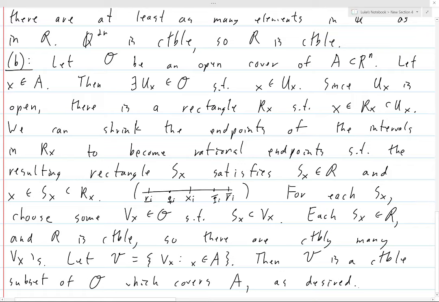Because that's what we were looking for. We were looking for the set V, which is a countable subset of O, such that those sets all cover A. And that's what we've done.